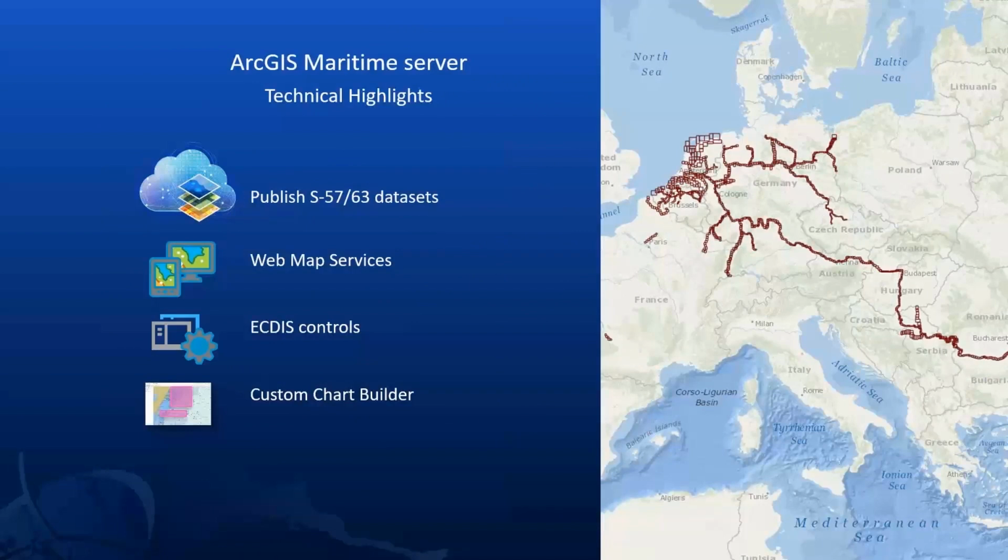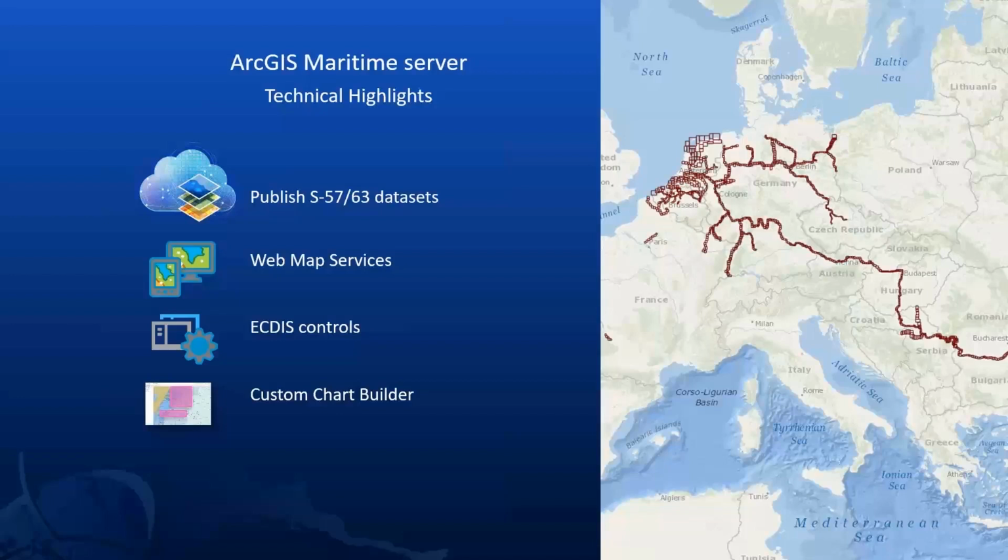How you're going to do that is using what's called ArcGIS Maritime Server, which is an extension to ArcGIS Server. This allows you to publish S57 or encrypted S63 datasets as WMS, REST, WMTS, so map services, essentially. It comes with a sample web application that gives you ECDIS, or electronic chart display-like controls.